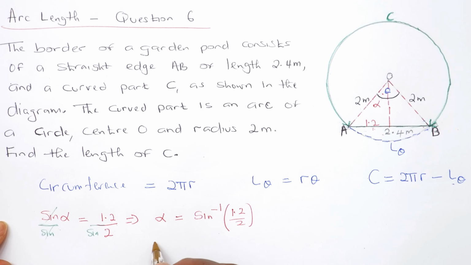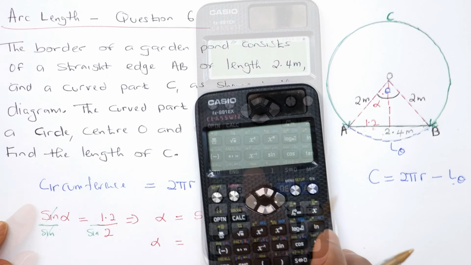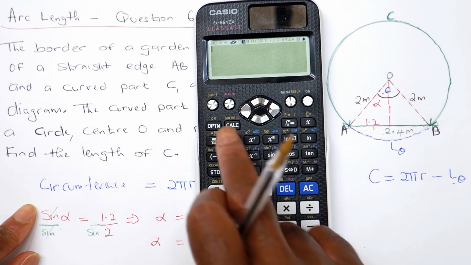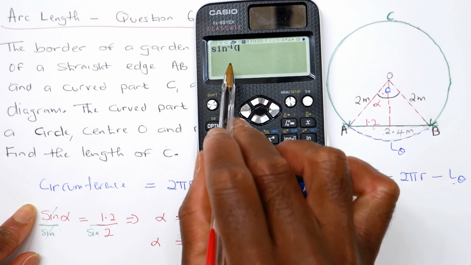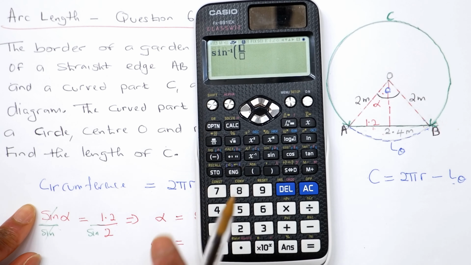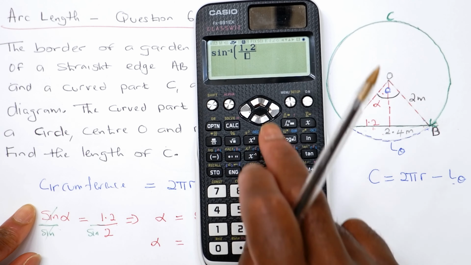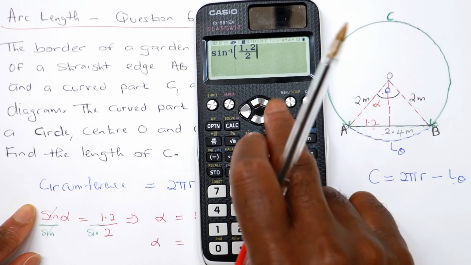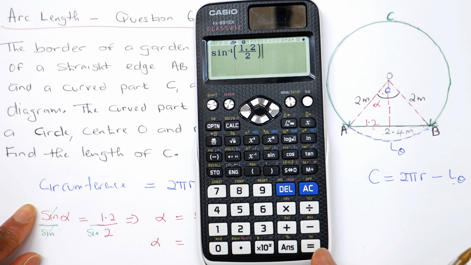Alpha will be equal to, if I punch that into the calculator, shift sine to get the inverse sine, and you want the fraction key, 1.2, arrow down, divided by 2, arrow to the right, close the bracket, and press equals.